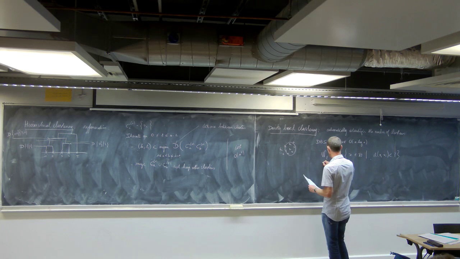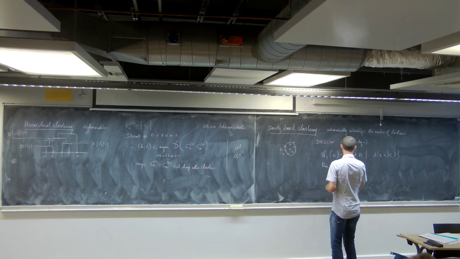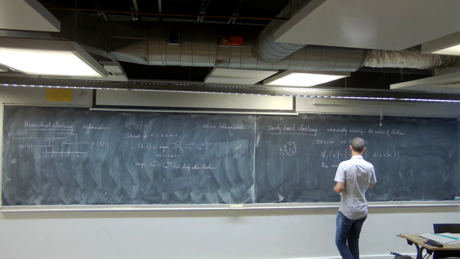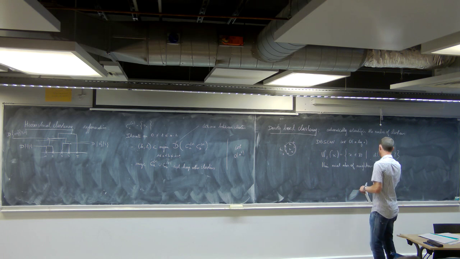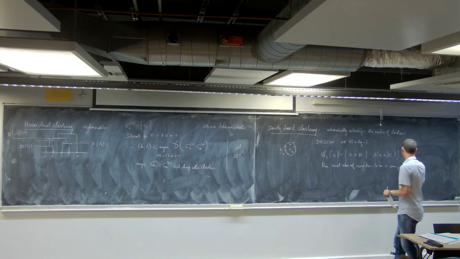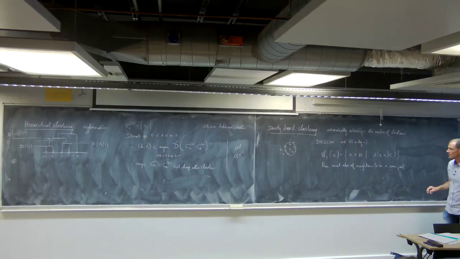Then there is another parameter, n-min, which is the minimal number of neighbors to be a core point. Say, do you need 10 data points at a distance less than epsilon to be a core point, or is 5 enough? That kind of thing.